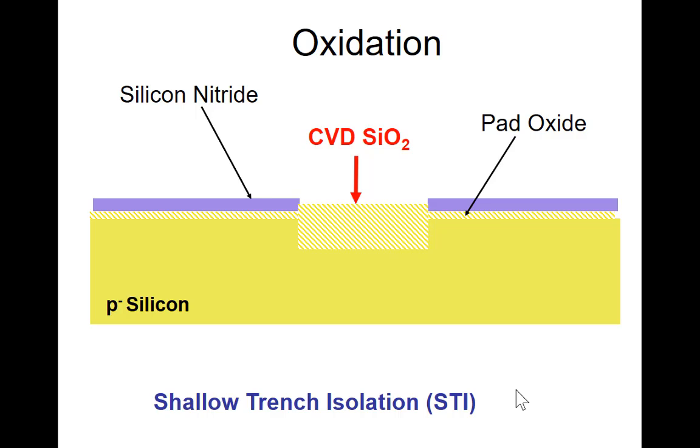Now, if this is the NMOS, this is the PMOS. If you rely on the field oxide to separate them, then the separation needs to be pretty wide. The reason being that the NMOS transistors may be in the P well, and the PMOS transistors may be in the N well, and the wells touch together.